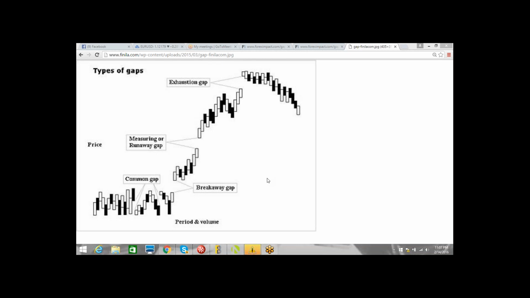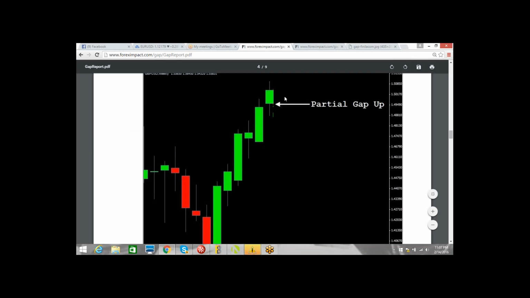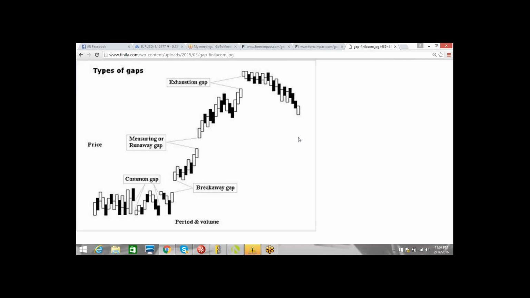With all these terms I'm giving you, in the examples here, this partial gap gapped up. It could have started down here and gapped down as well. So all of these definitions work both ways, either up or down. Just to clarify that.